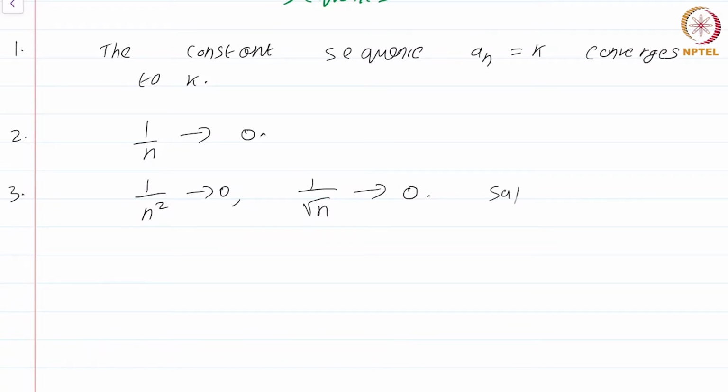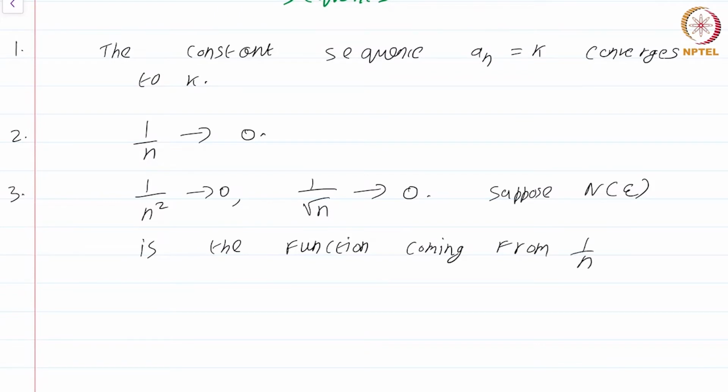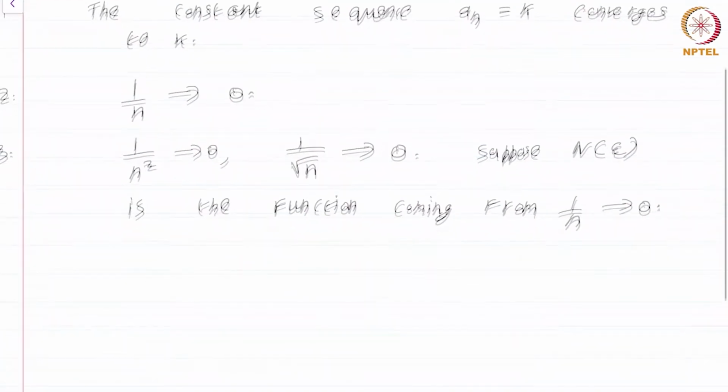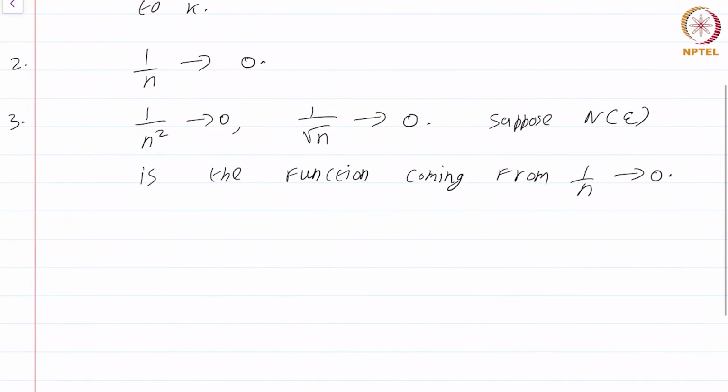Suppose N of epsilon is the function coming from 1 by n converging to 0. Since 1 by n converges to 0, there is a function N of epsilon that does what is needed in the definition of convergence.